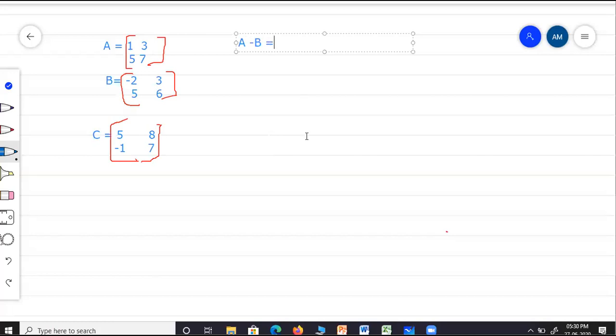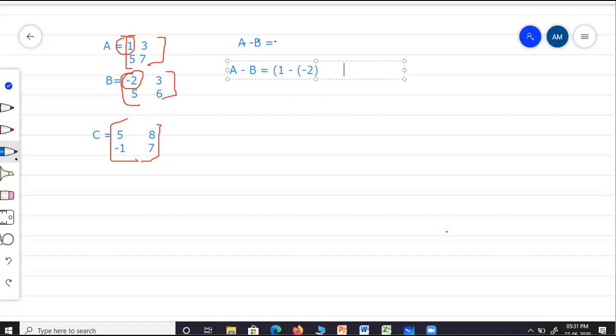We write the answer as the element of first row, first column from matrix A minus the element of first row, first column of matrix B. So A minus B is equal to: first, 1 minus minus 2.